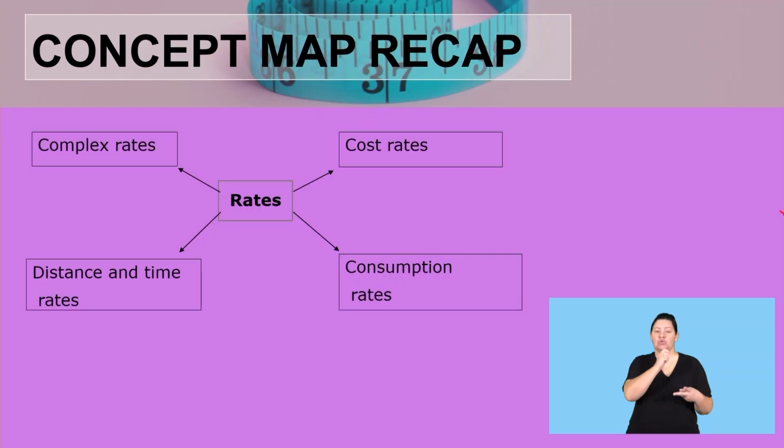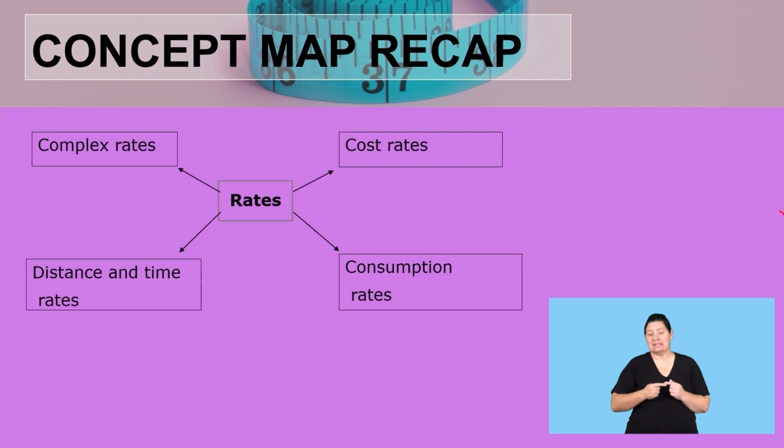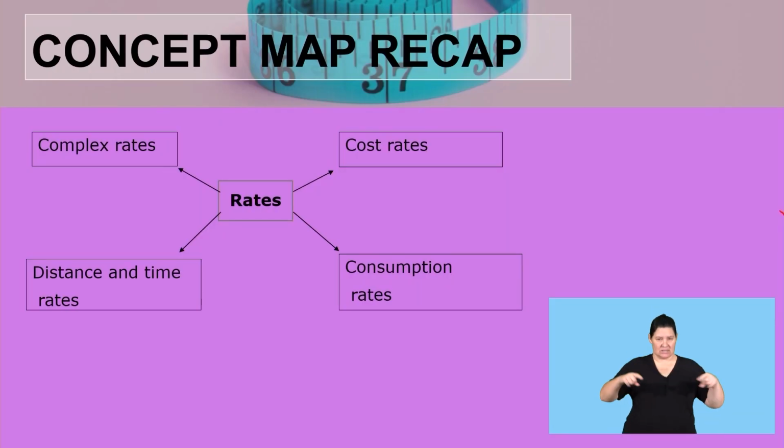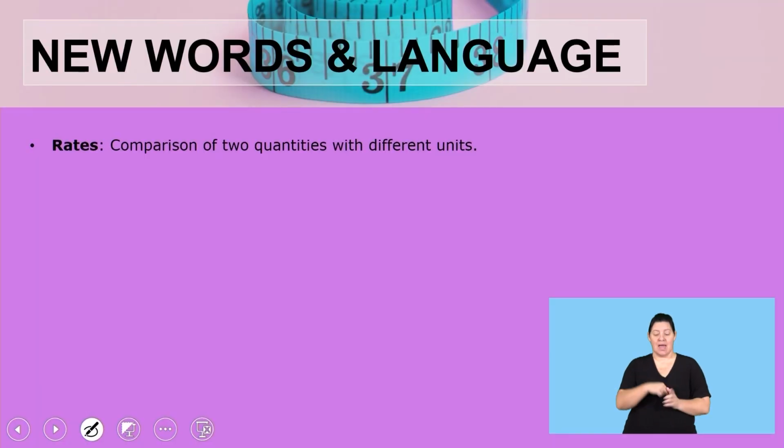Consumption rates now, the consumption rates are about how much will be paid for traveling using a specific petrol. And then the distance and time rate will refer to the speed. And then finally, the complex rates. And then finally, the new words that you learned are the rates.